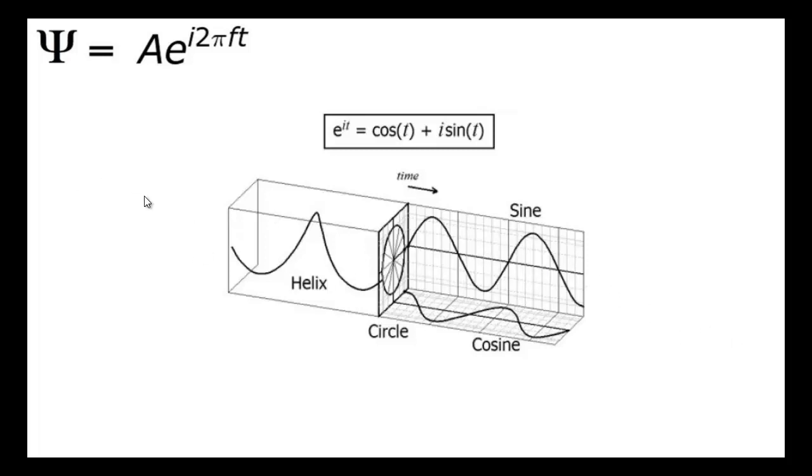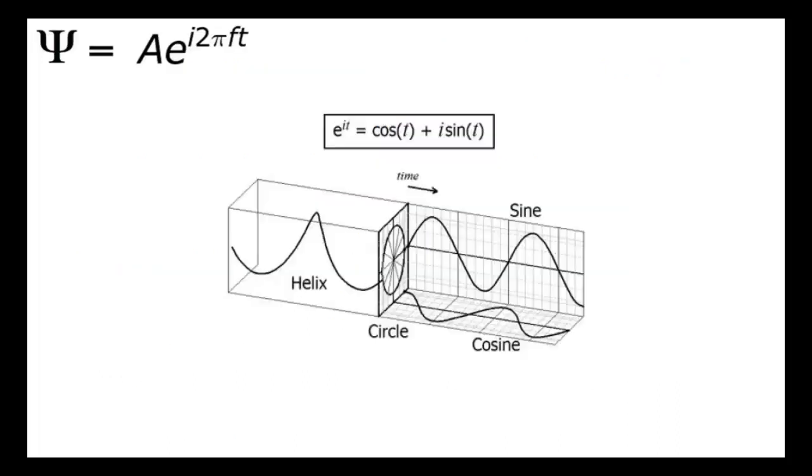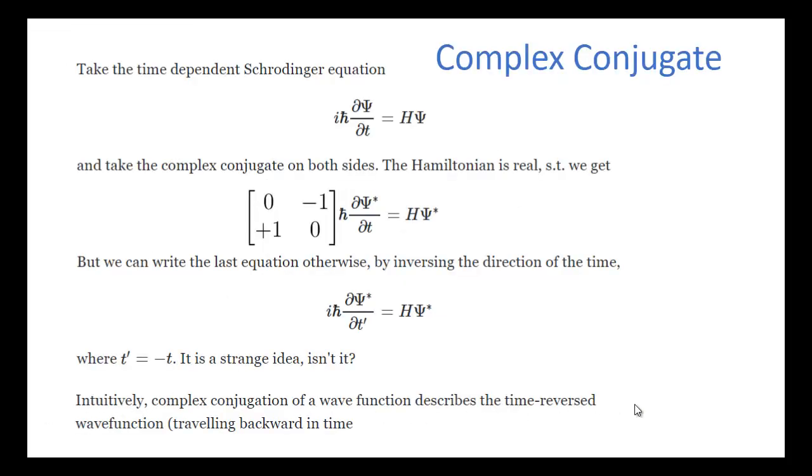So yes, it will look like a time reversal, but really the complex conjugate of a wave function is more intuitively thought of as a change of perspective of where you are relative to the wave motion. And so I think this is a cause for some confusion in quantum mechanics, giving the false impression that in the quantum scale, things can go backward in time.